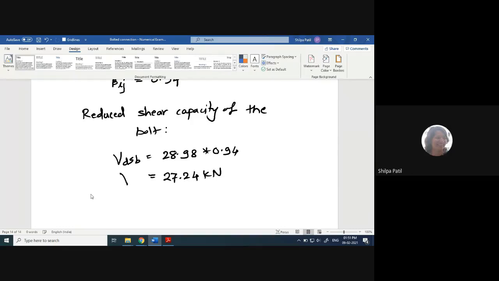So this reduced value we now have to consider to decide the bolt value. The bolt value will again be based on this reduced value, because the earlier value was 28.98 and that value itself is getting reduced further.